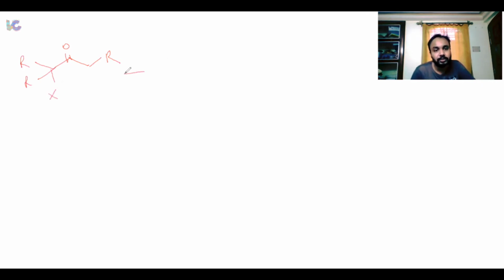If we treat it with NaOMe, the same proton will get abstracted, forming a negative charge over here, it will attack over here, and this X will depart. So we are getting this cyclic state.